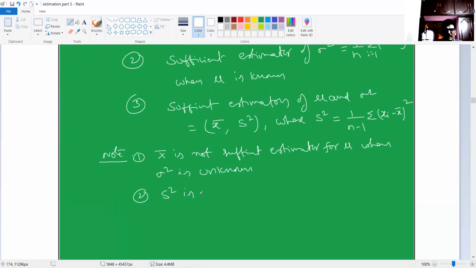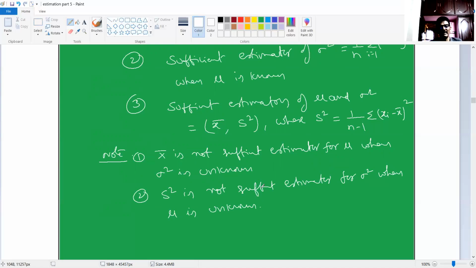Capital S square is not a sufficient estimator for sigma square when mu is unknown. Remember these remarks and this important note; they are very, very important from the examination point of view.